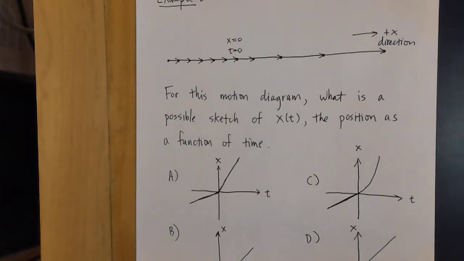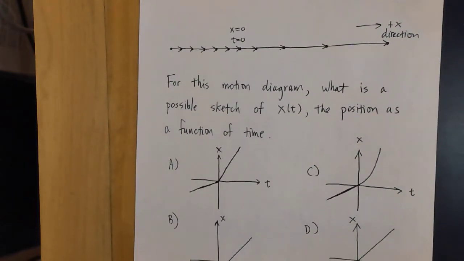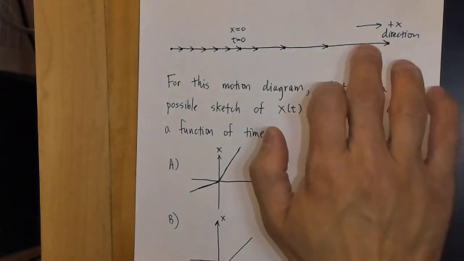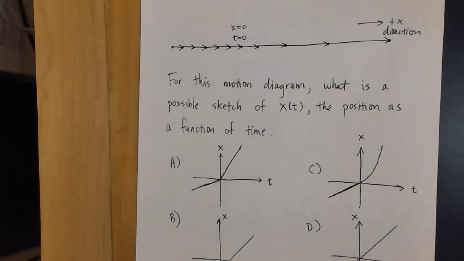The whole thing doesn't quite fit on one, but the drawing is, t equals 0 here, x is also equal to 0, then we have points like this. That's the drawing, and this is the positive x direction.